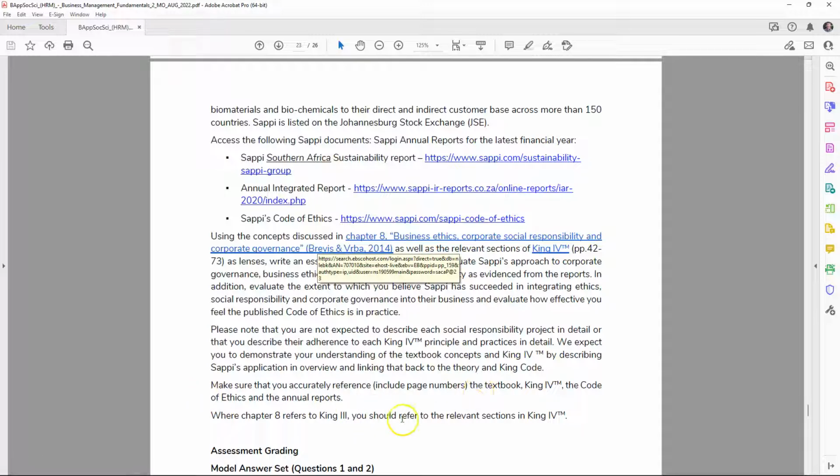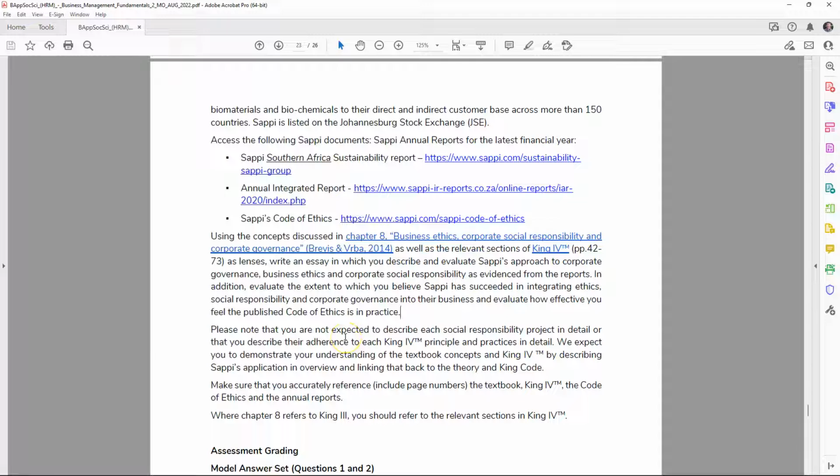So when you read the chapter, you would read specific issues in King III, and you can find those equivalent or related issues in the King IV report. Therefore, you just need to do a bit of a reconciliation from Chapter 8, from King III to King IV. The advantage of that, although it gives you a little bit more work to do, is that in that way you will get quite intimate with the various issues of King IV.